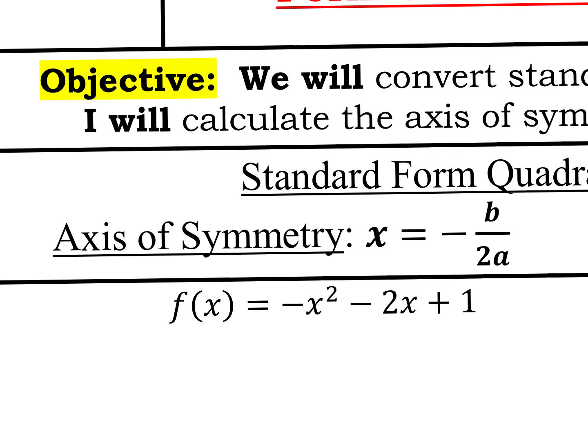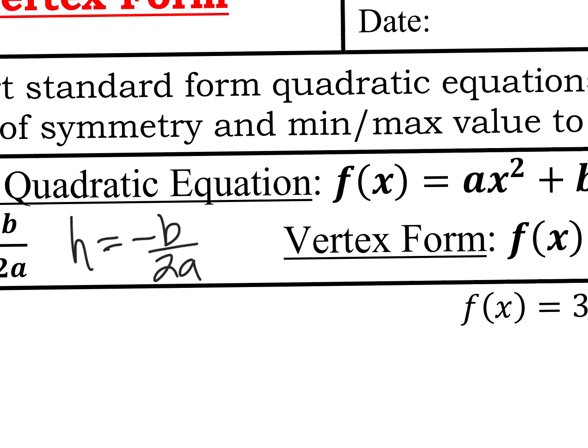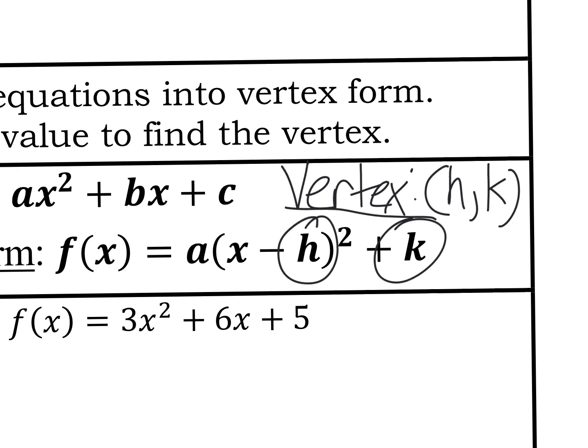The reason why I say on the topic of h is because the axis of symmetry is always the x coordinate of your vertex. So you can think of it as h equals negative b over 2a, because that's going to help us find our x coordinate of our vertex.